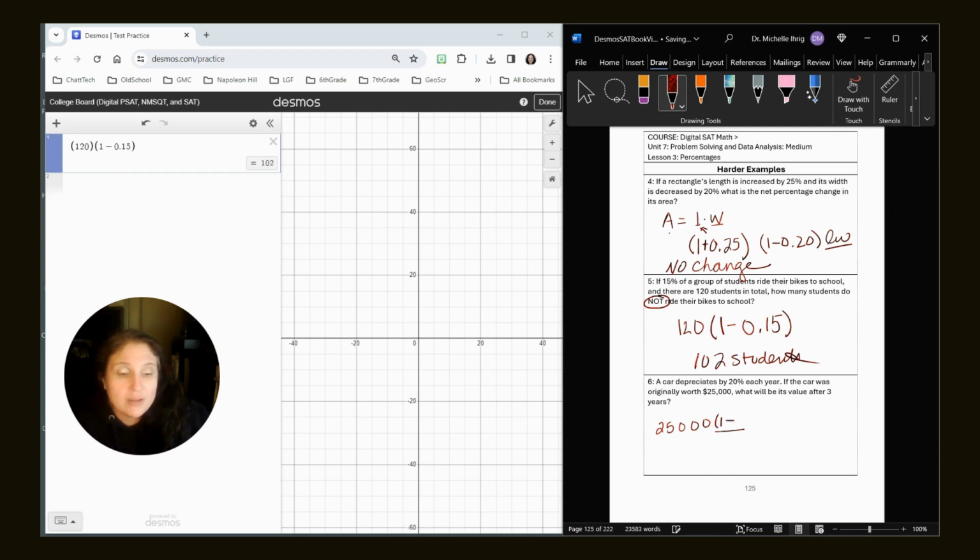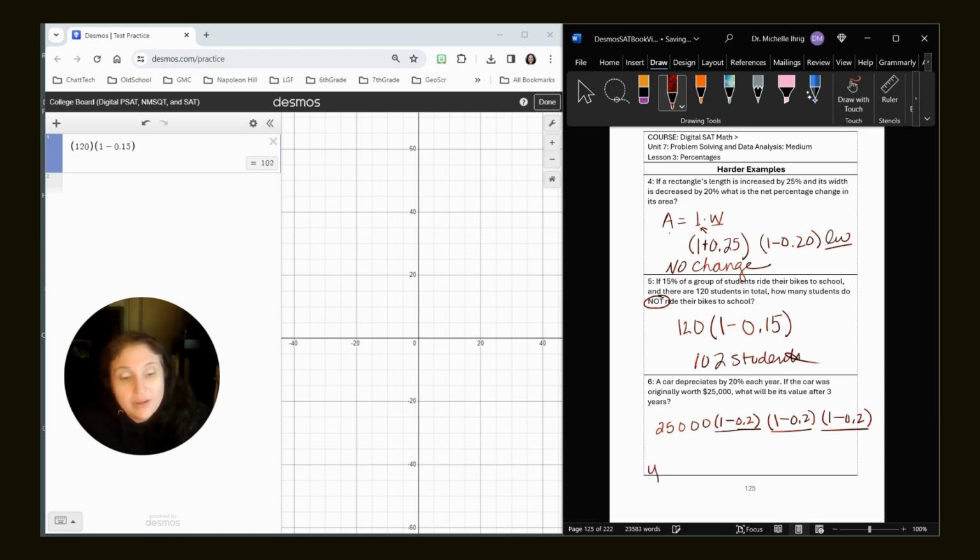I'm going to do 1 minus 0.2. That's the first year. The second year, whatever my new value is, I have to again take 20% out. And then whatever it is again, I have to take 20% out another time. 1 minus 0.2. And then this number gets our answer.